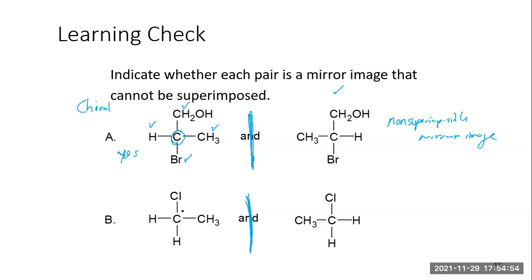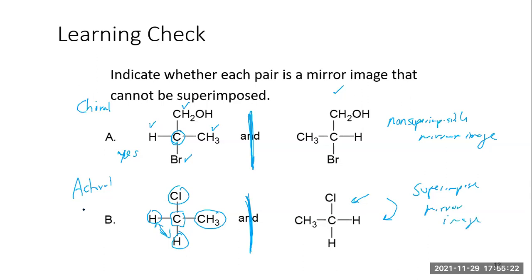Here, same idea, we're going to look at the carbon. Here, just like we saw earlier, we have the same group twice. That's going to mean that this guy is going to be achiral. And that means that with sufficient rotation here, we can superimpose this mirror image.